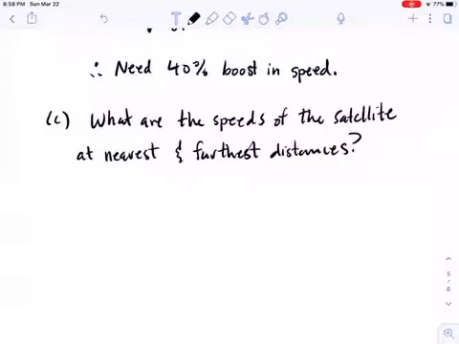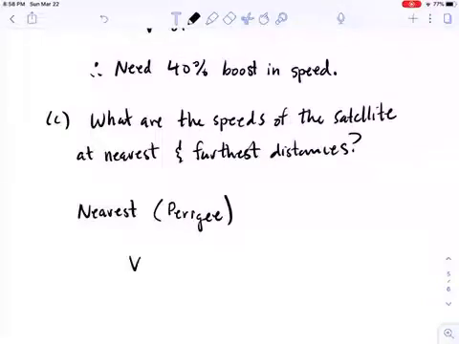Okay, so we already calculated the nearest distance speed. So I'll just make a note that sometimes perigee is called the position of closest approach.